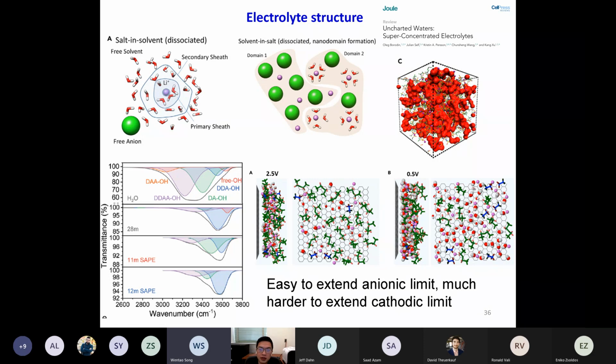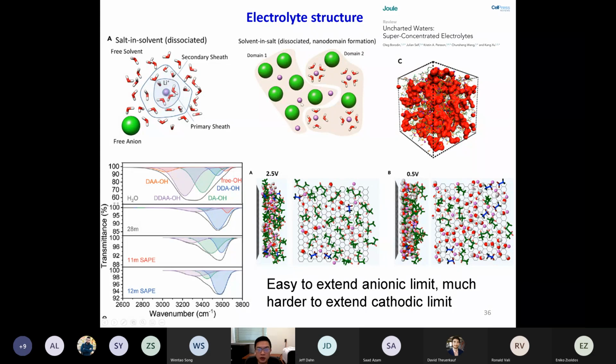Yeah, actually, this kind of liquid structure you cannot compare to solid materials. It is actually exchanging very fast, which means it's not a very stable structure.